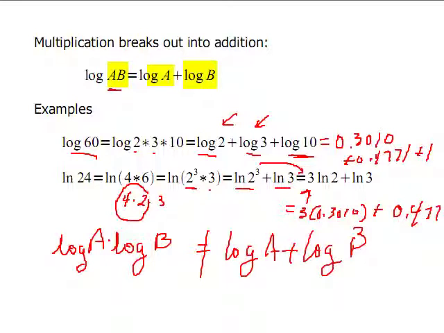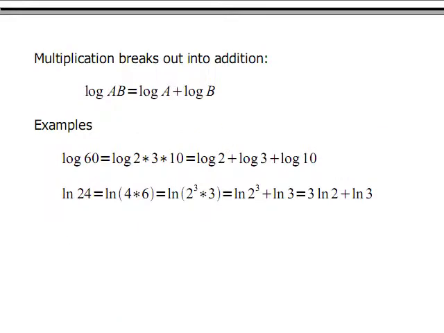Along with that rule is this one, that if you have the log of a over b, dividing, then this breaks out as subtraction. It's really just a corollary to this rule, because log of a over b is the same as log of a times b to the minus 1. Let me work that out. I'll show you. I have to erase the screen. Okay.